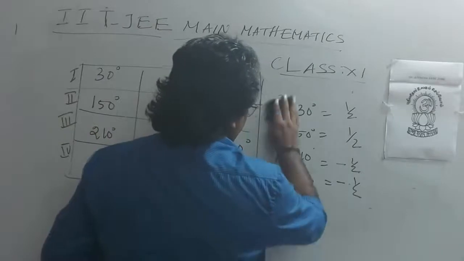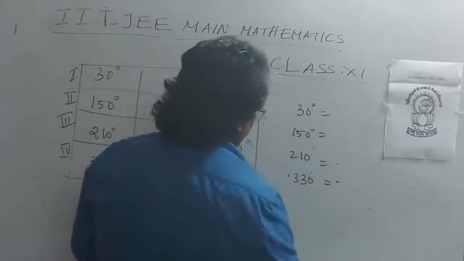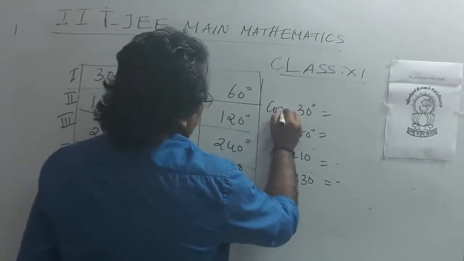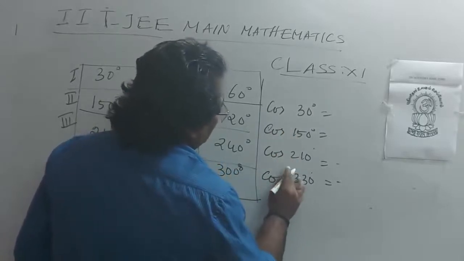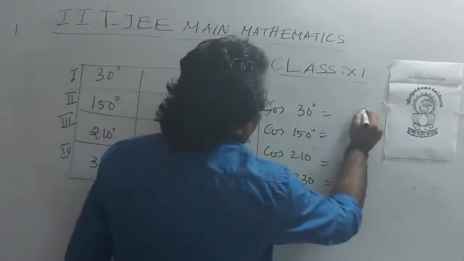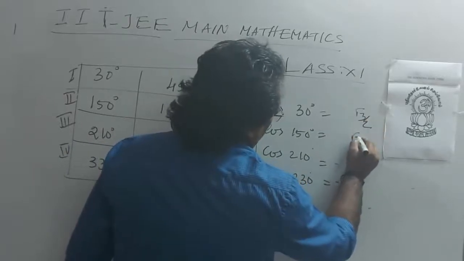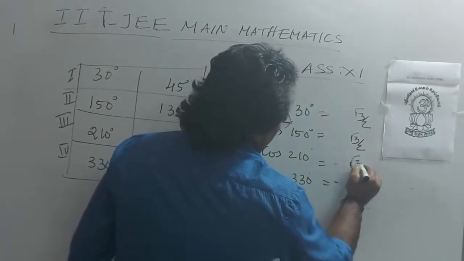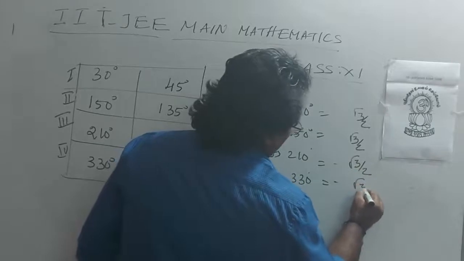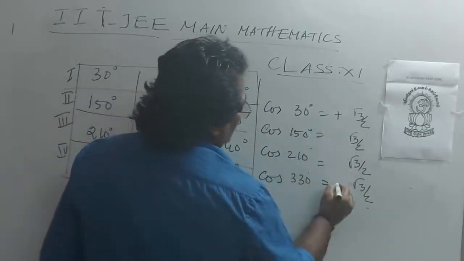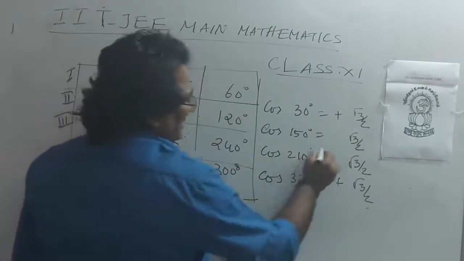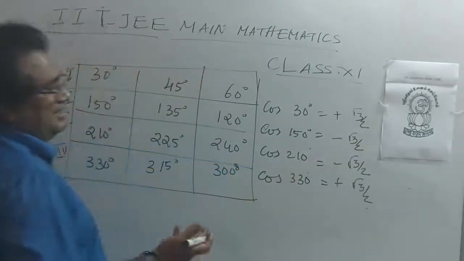Like that, cos 30, cos 150, cos 210, cos 330: root 3 by 2 in each case. First and fourth quadrant cos will be positive, second and third will be negative.